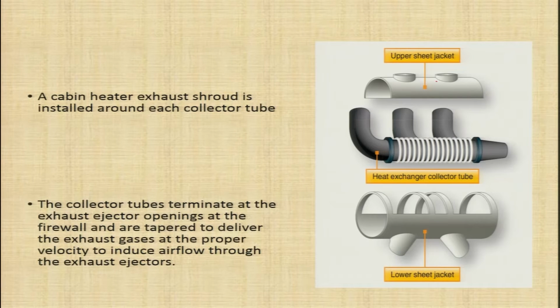This jacket covers the collector tube, and a cabin heater exhaust shroud is installed around each collector tube.